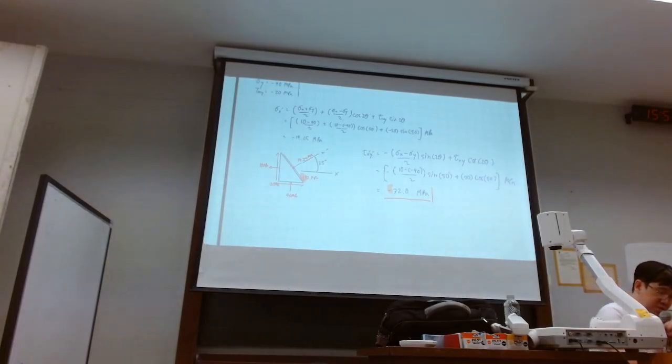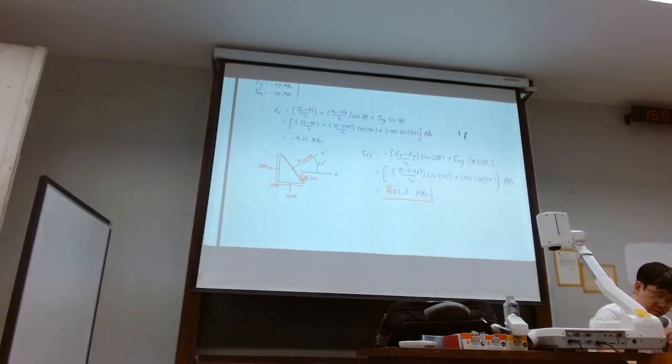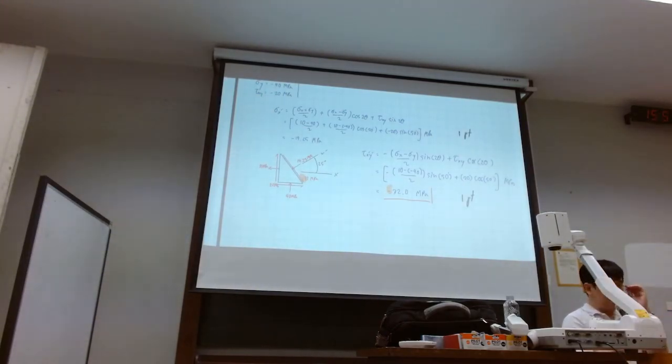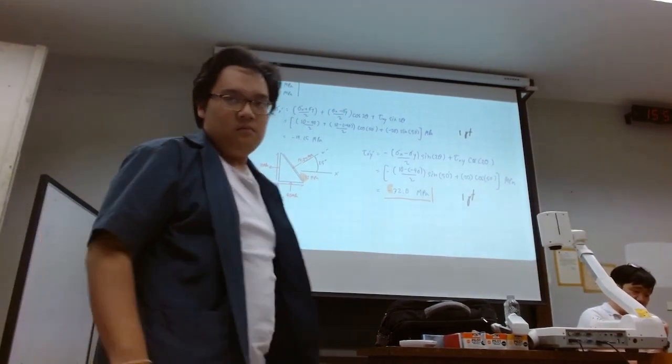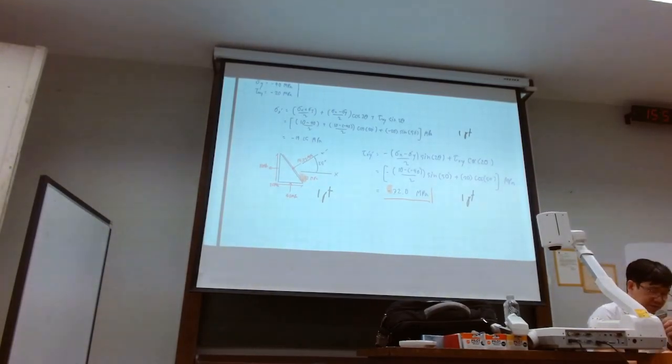We're doing the substitution here. If it's a question for the stress transformation, you get like 1 point. This is 1 point. Substitution like this doesn't work that much. Usually the picture here is another point. So it's not much out of 10.